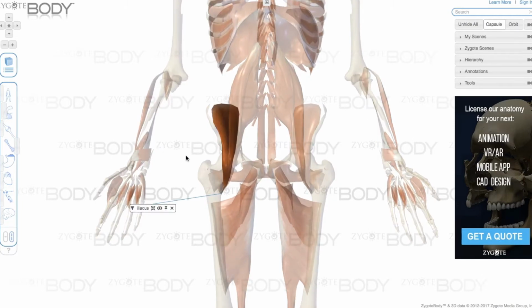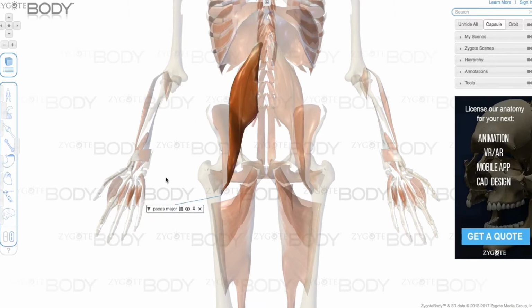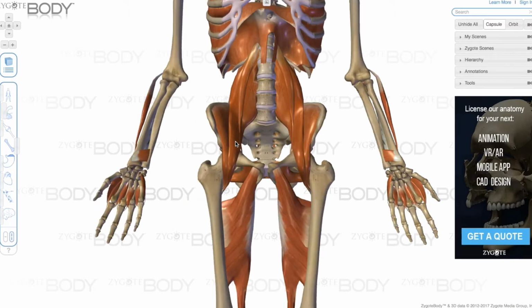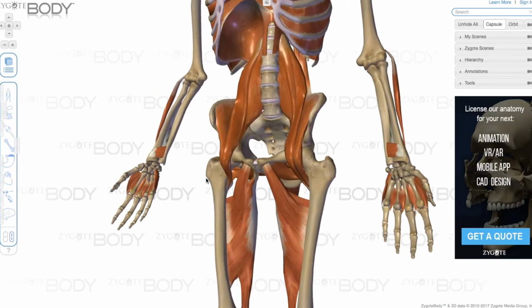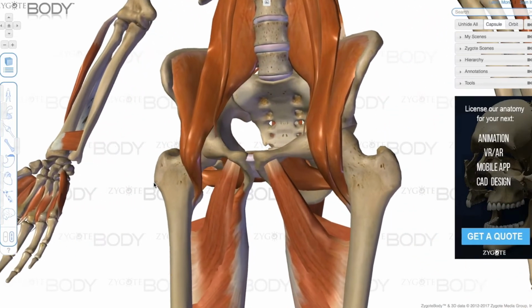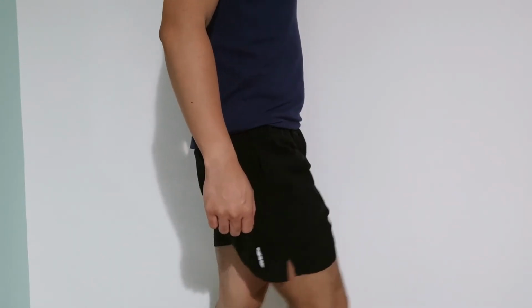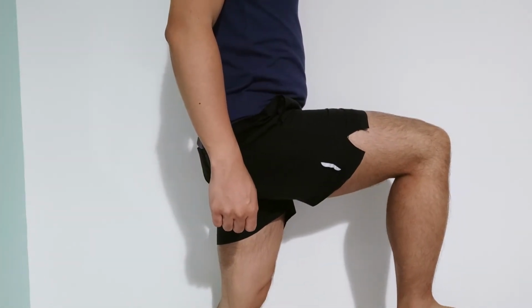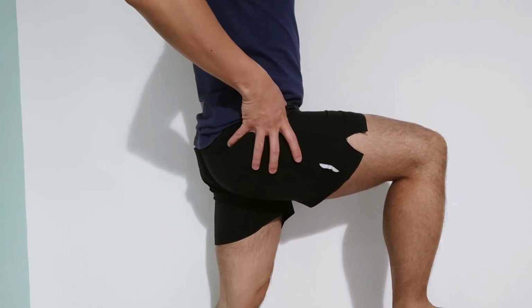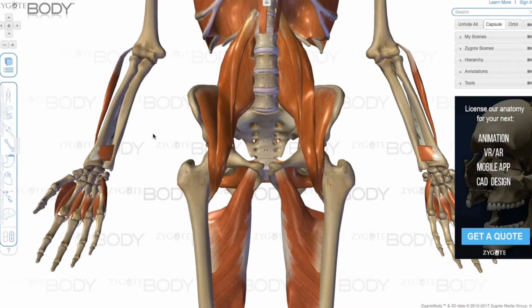They are two separate muscles, but they're usually grouped together and called the iliopsoas. They originate from different parts of your body, and it basically attaches to your femur bone over here. So when they contract, they're shortening and pulling your femur, or rather, flexing your hip. Okay, so these are the two muscles.